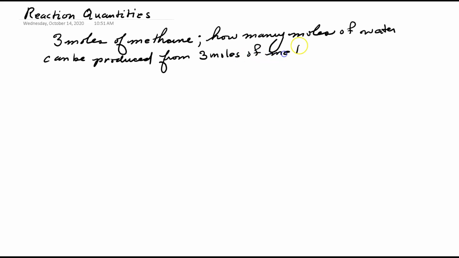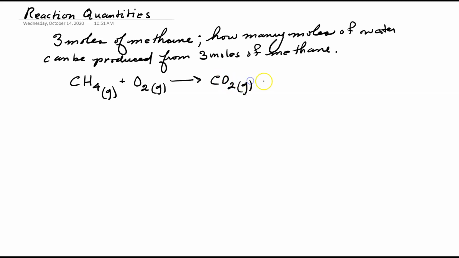Okay, so in this case, like all the others, what we need to do first of all is write a reaction. Now methane is CH4. It is the main component of natural gas. And it reacts with oxygen, which I'm sure you've seen, to result in the formation, certainly quite a bit of energy, and the production of carbon dioxide and water.